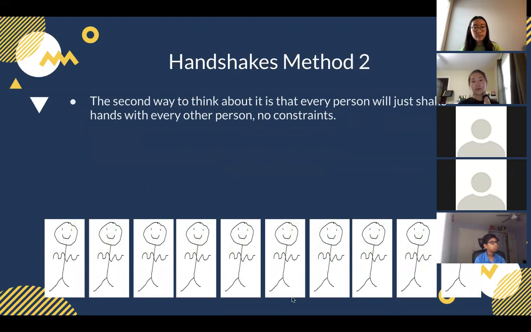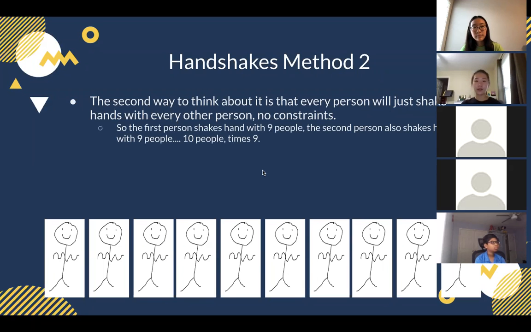So the second method is we're first gonna go kind of simple, and we're just going to assume that everybody will shake hands with every other person. So that means that each person shakes hands with 9 other people. So then there's 10 people, so you just do 10 times 9.